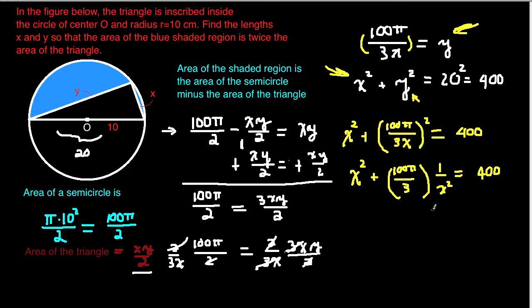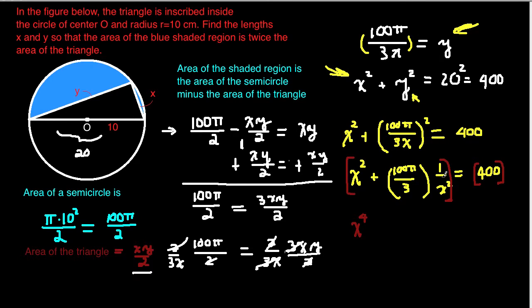Now I'm going to take both sides of this equation, this right here and this right here, that's one side, and this side. I'm going to multiply both sides of the equation by x squared. If I do that, x squared times x squared gives me x to the 4th.